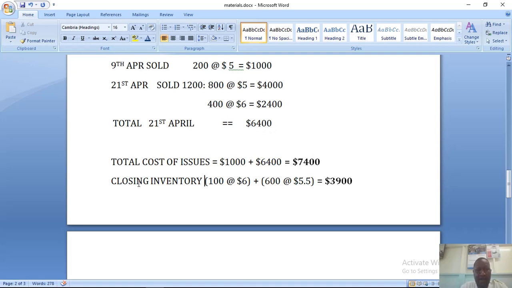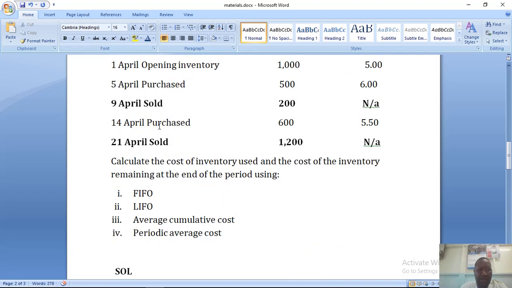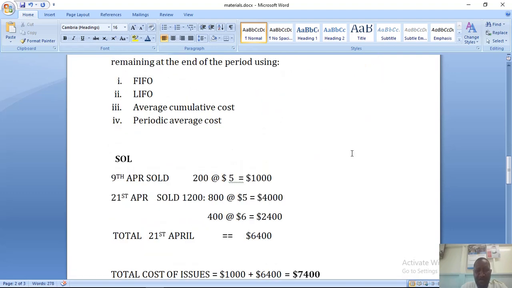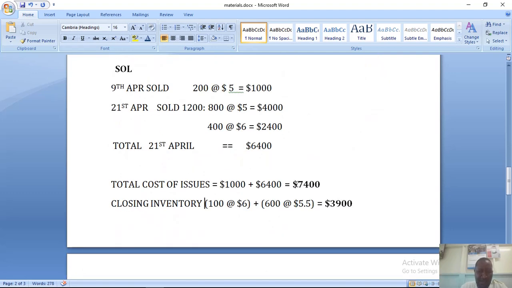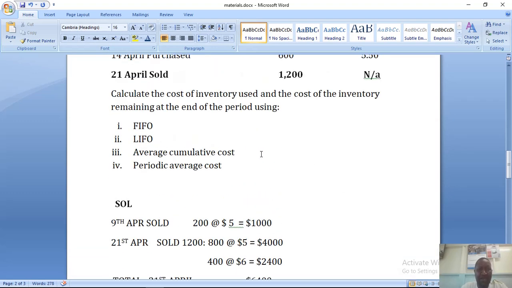Value of closing inventory: we have 100 units remaining at $6, plus the 600 units that were received on the 14th of April at $5.5, and that gives us a total of those two figures. That's how we calculate the cost of issues and the value of closing inventory under FIFO.